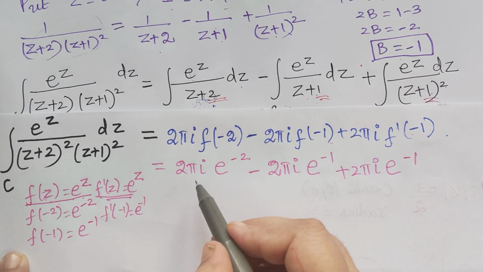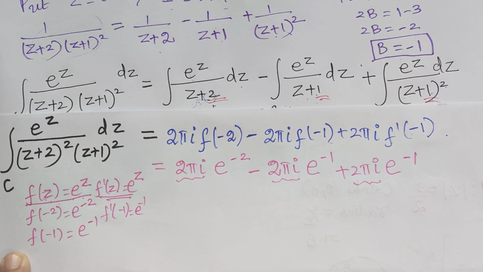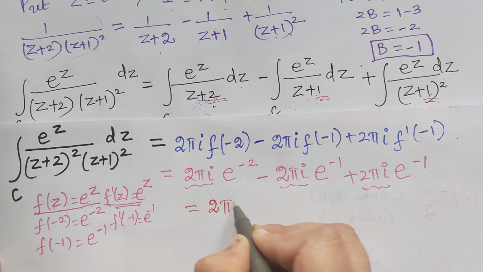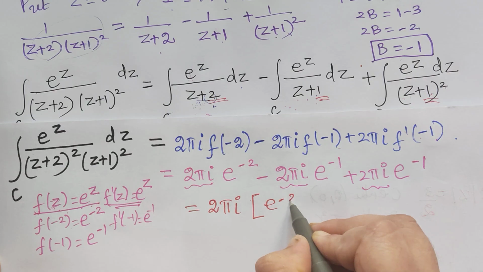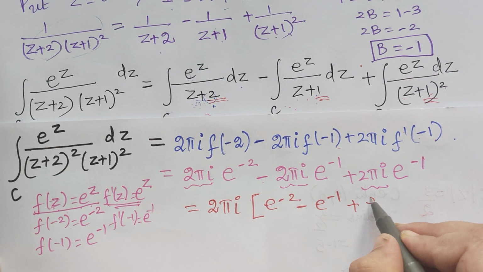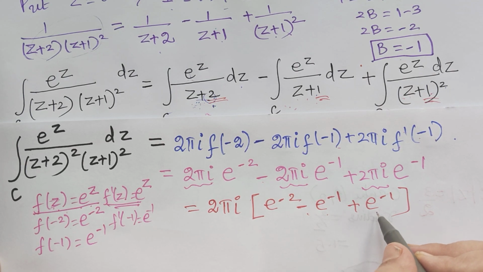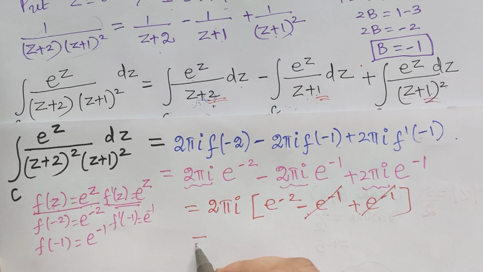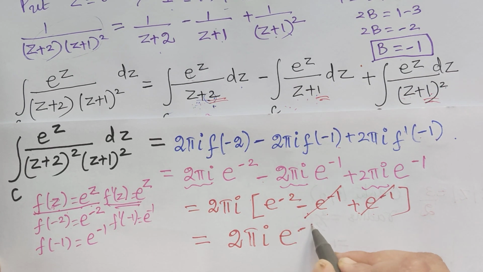Now we see that 2 pi i is common in all three terms, so we can take it out. Within the bracket we have e power minus 2 minus e power minus 1 plus e power minus 1. The minus e power minus 1 and plus e power minus 1 cancel, and so the answer is 2 pi i e power minus 2.